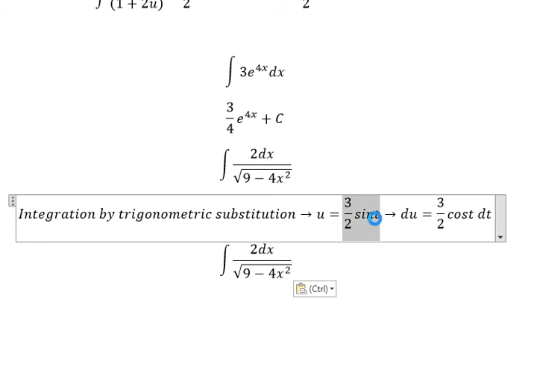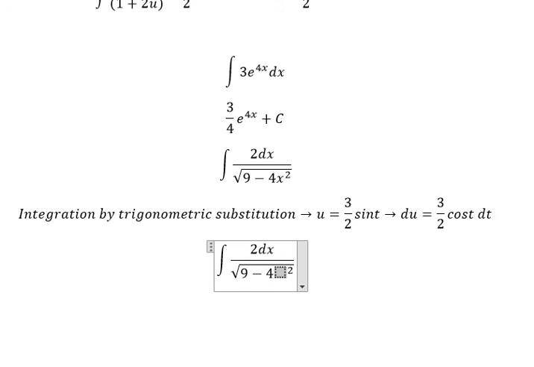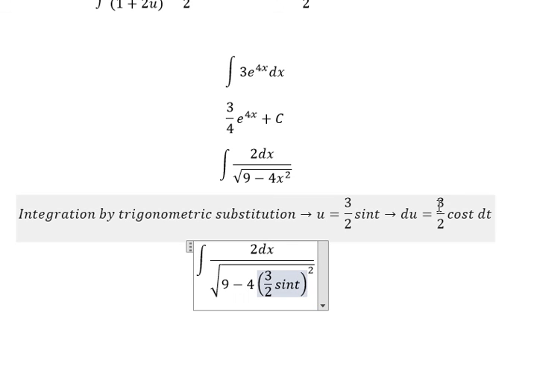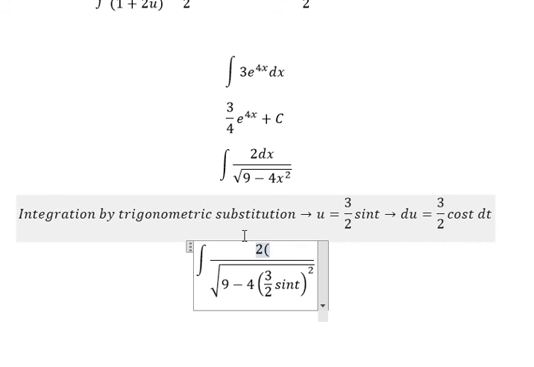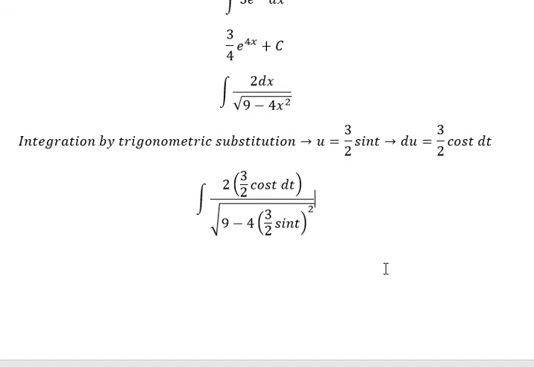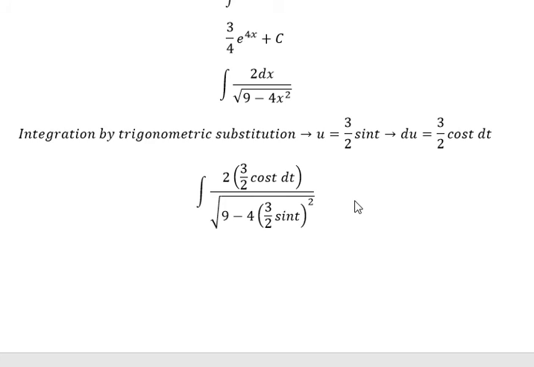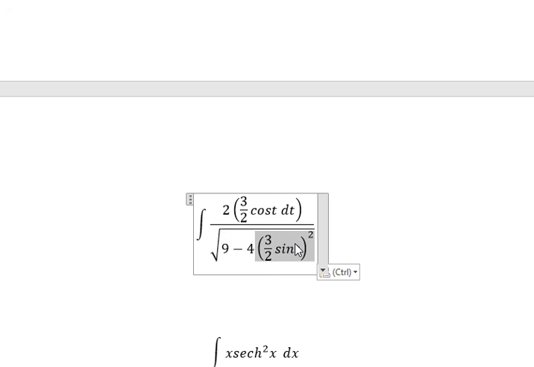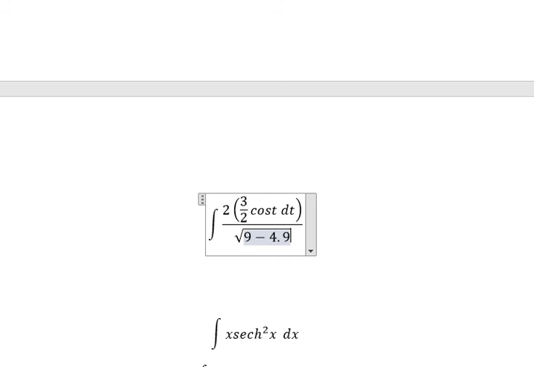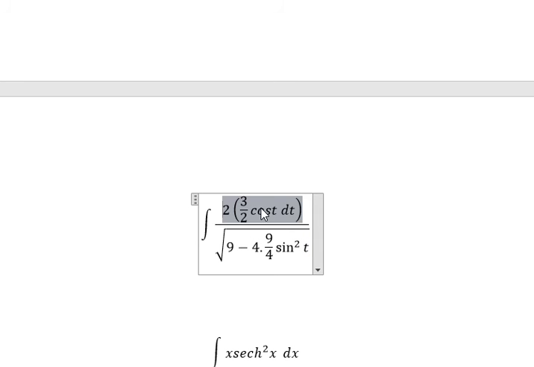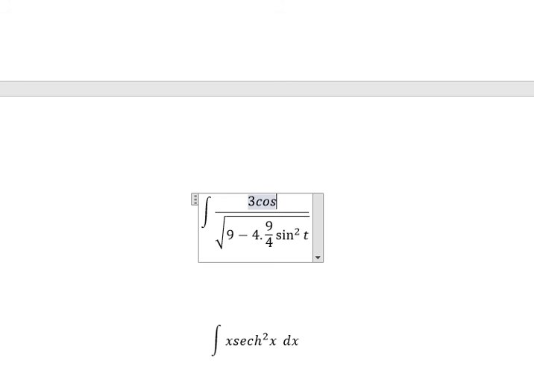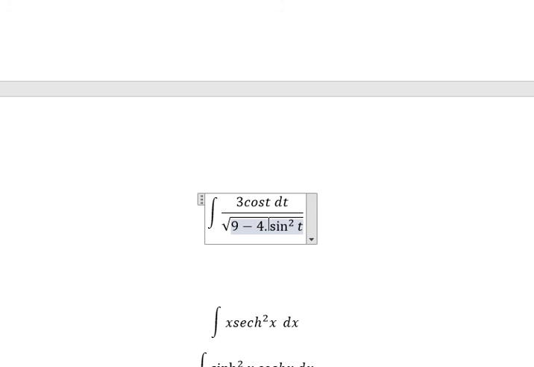So this one we put in here. So we got 9 over 4 sine t squared. This one we got 3 cosine t dt. So 4 with 9 over 4, you got 9.